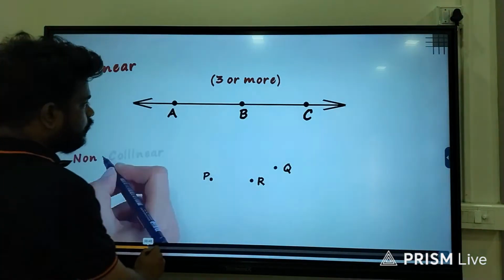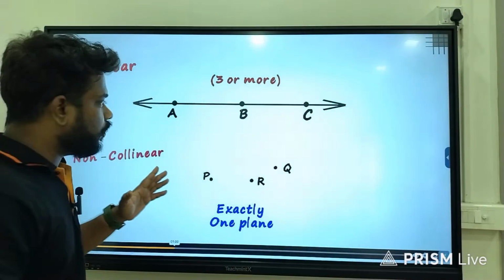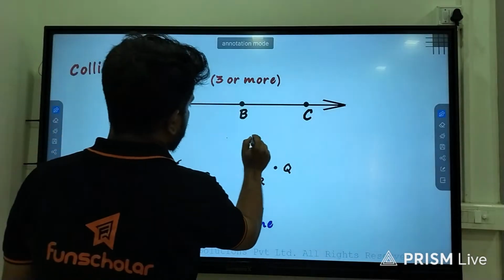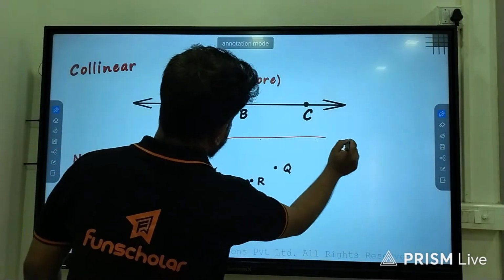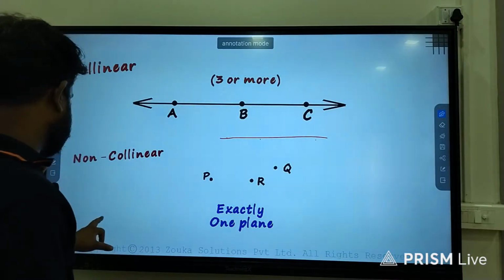Okay, so we have learned that if two or more points lie on one line, we call them collinear points.